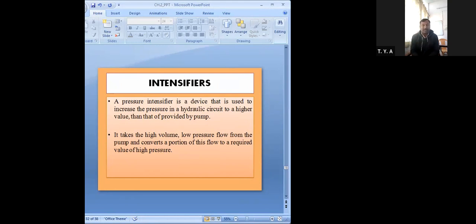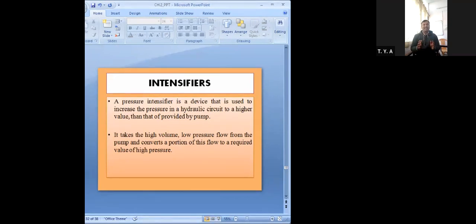The pressure intensifier is a device used to increase the pressure of a fluid in a hydraulic circuit to a higher value than that provided by the pump.